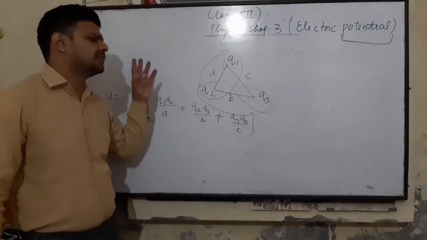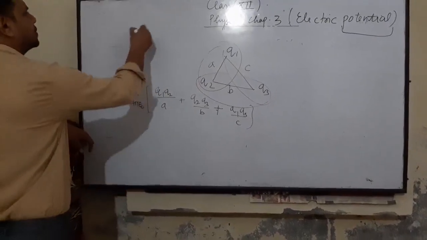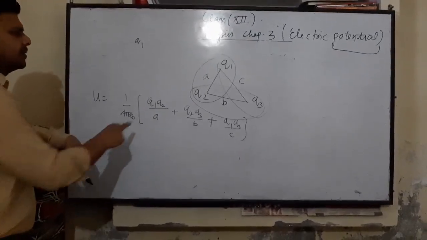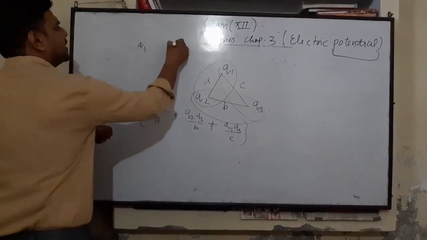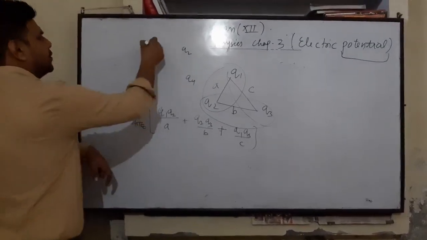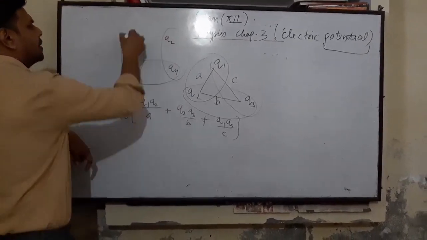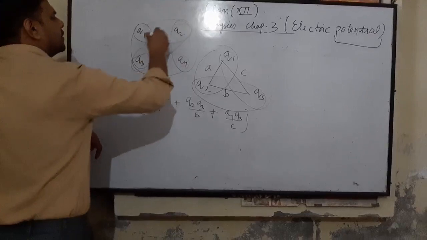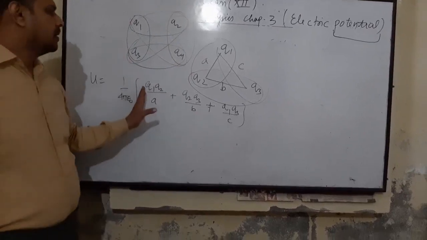suppose we have 4 charges, then simply make pairs of charges. In the three charge configuration there were 3 pairs: Q1 Q2, Q2 Q3 and Q1 Q3, and the distances between them. But if we have 4 charges, how many pairs do we have? Q1 Q3, Q3 Q4, Q2 Q4, Q1 Q2. There are 4 pairs, and 2 diagonal pairs, so we have 6 pairs.